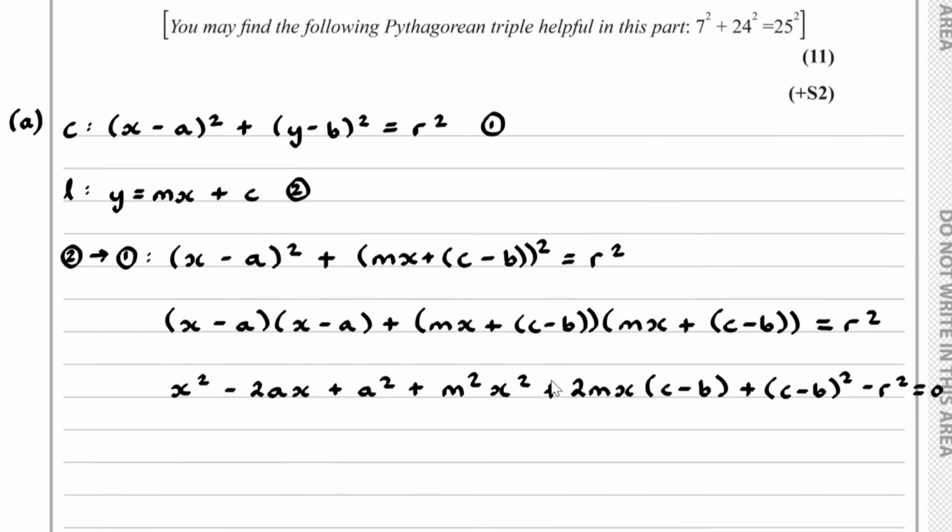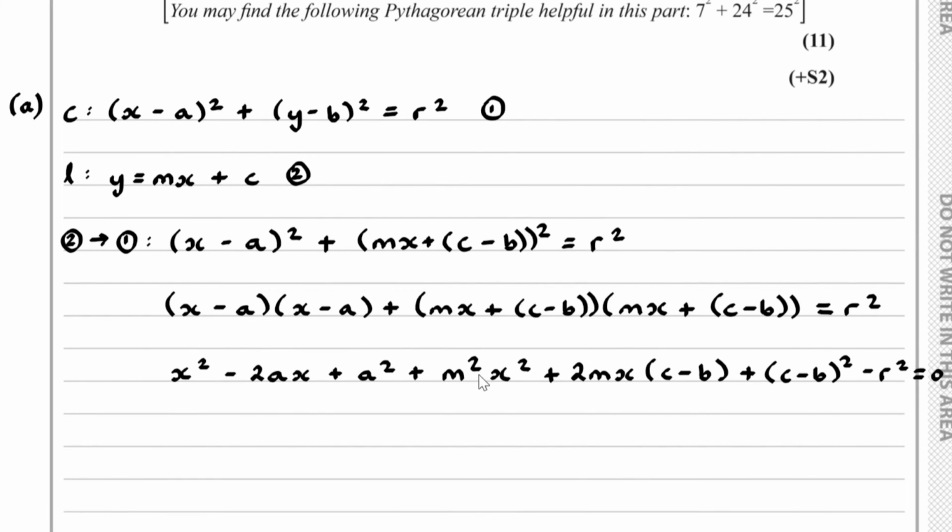Now if I take a look at the x squareds, I've got m squared plus 1 of them. So I've got m squared plus 1 x squared.